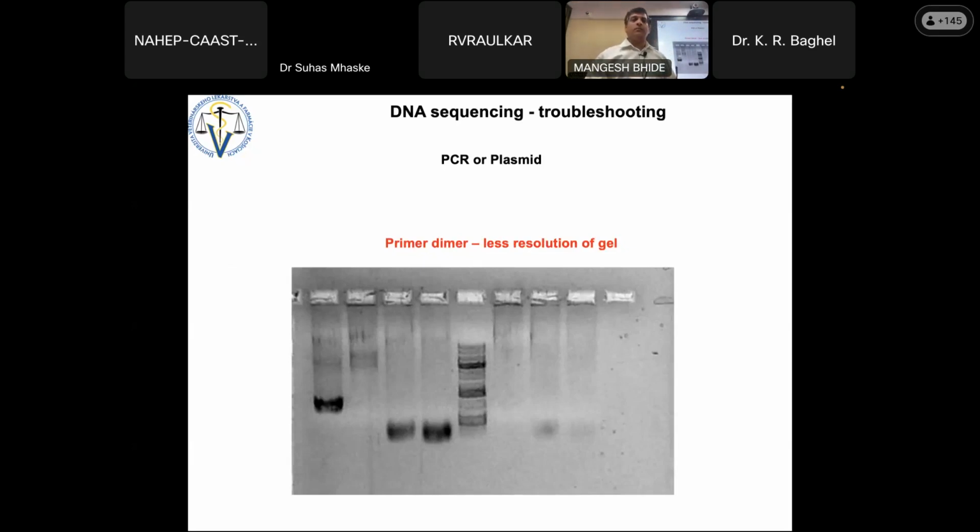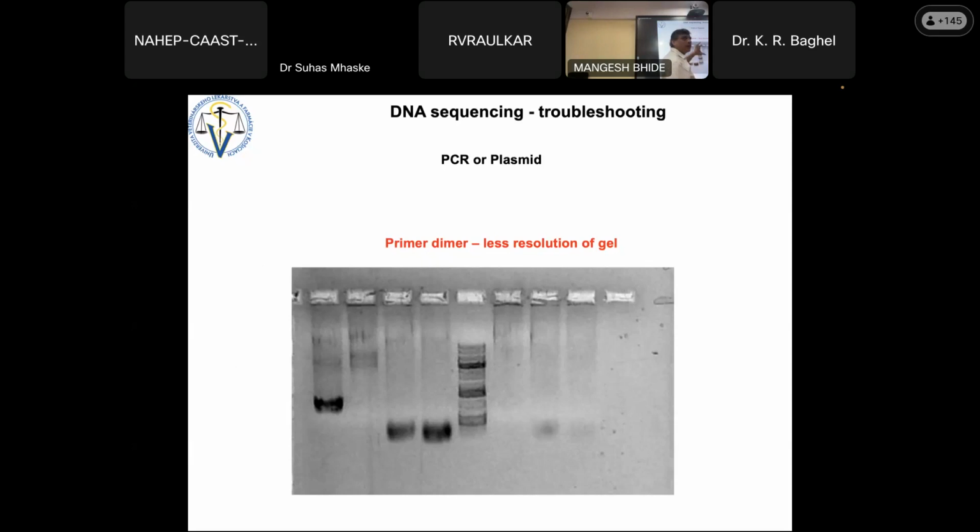So this is a typical feature of low gel resolution, and your dimer will look like it has 300 or 400 base pairs. Low resolution means, see, this is 500 base pair, 1000 base pair, and 5000 base pair.